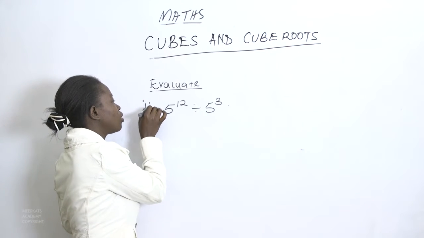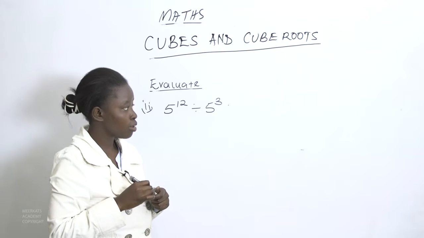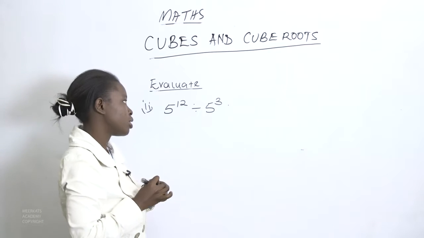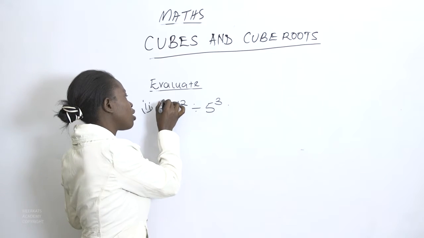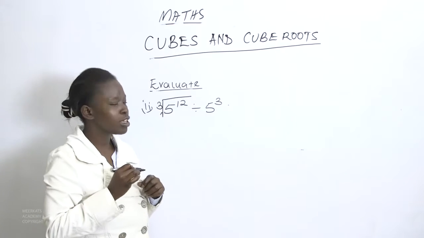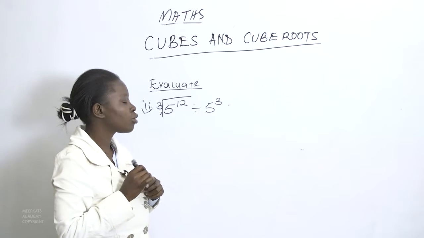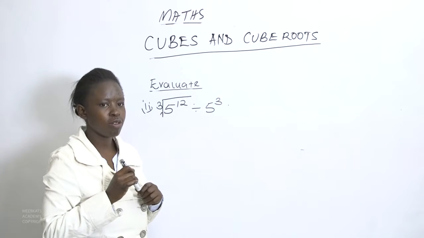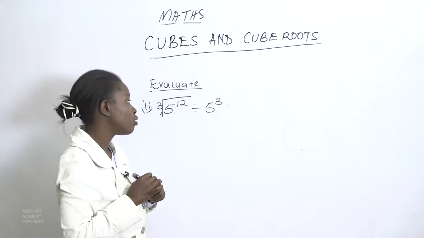So the second example, we have the cube root of 5 to the power of 12 divided by 5 to the power of 3. So what does it mean? What is the cube root of 5 to the power of 12? Then the answer we obtain, we are supposed to divide by the cube of 5.